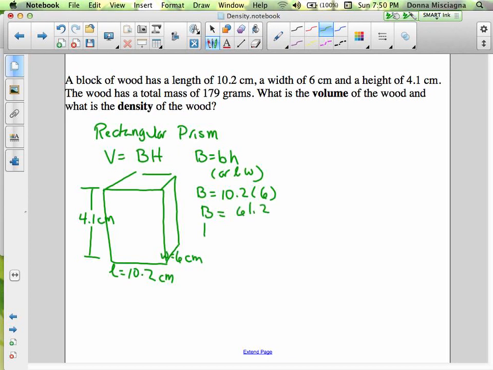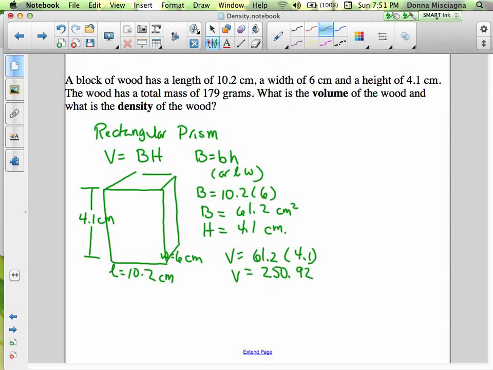The height of the prism is 4.1 centimeters, and this is centimeters squared. So that makes the volume equal to the area of the base, which is 61.2, times the height, which is 4.1. So the volume is 250.92.